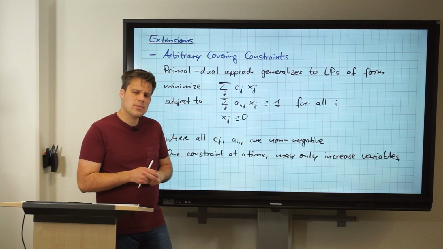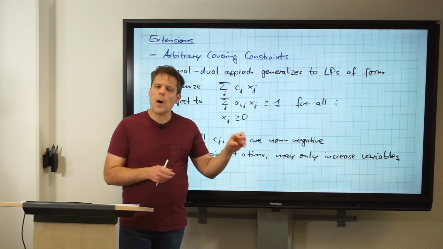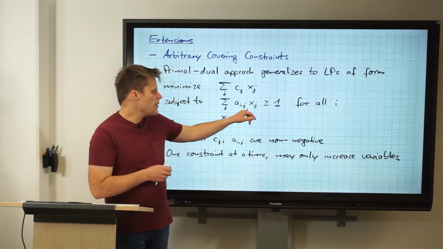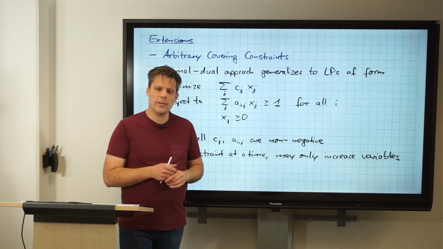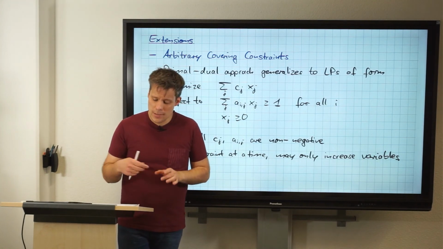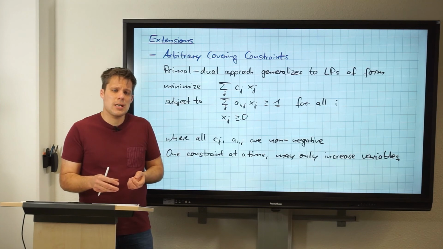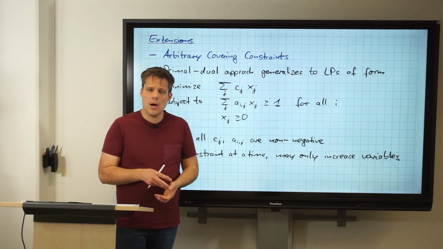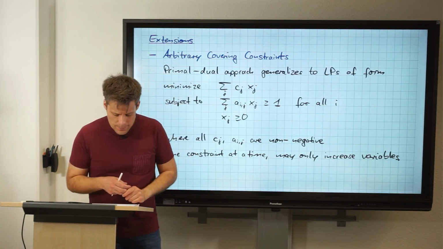An integral solution might not ask you to pick just one of these sets, but rather it might be that multiple of the x_j have to be set to 1 for one of these constraints to be fulfilled. So getting to an integral solution is somewhat different, but obtaining a fractional solution online, you can do just the way we did this.